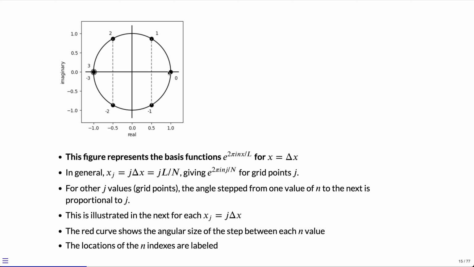So let's look at this in some more detail. The figure represents these basis functions for x is delta x. Now we don't just have x is delta x, we have the basis functions at other x's. In general, our other grid points are xj is j times delta x.